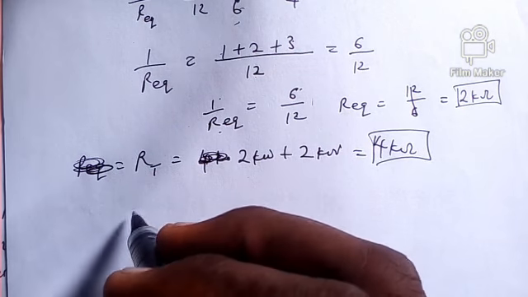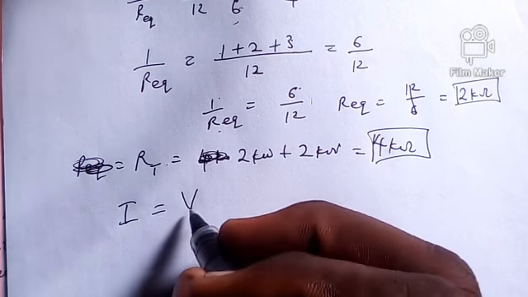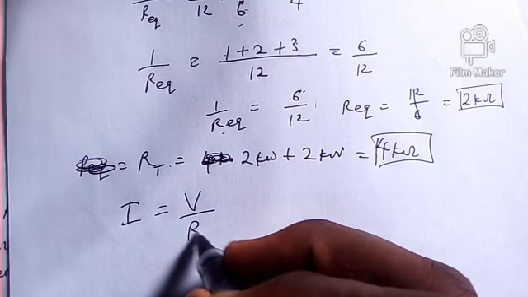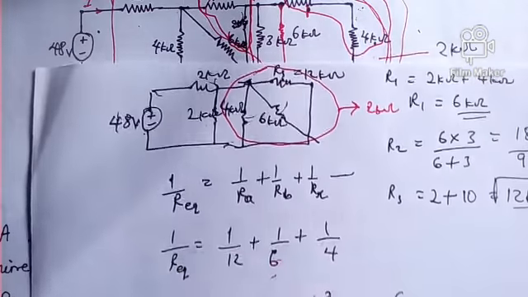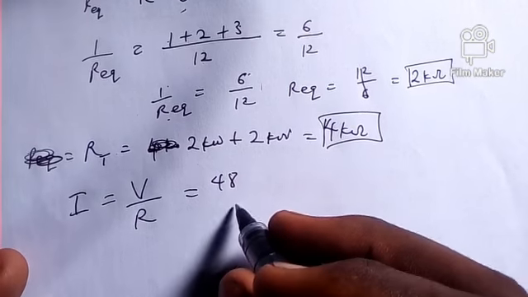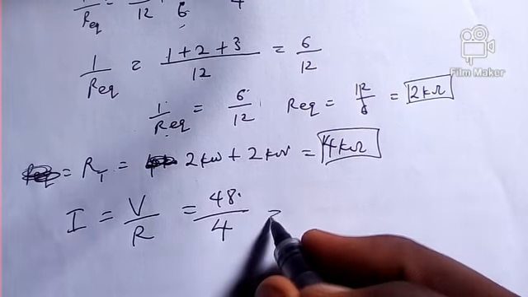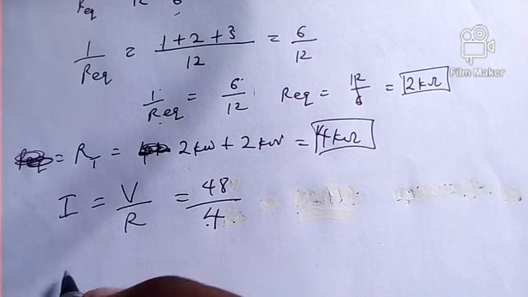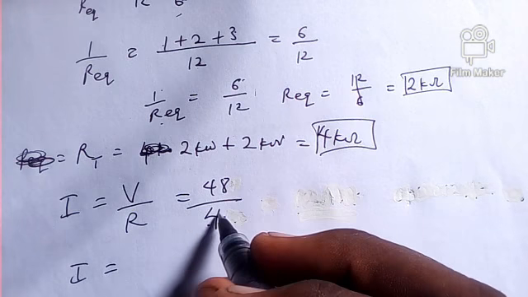We can say that the current flowing in the circuit is equal to the voltage over the resistance. So when we implement that, we have the voltage, which is 48 volts, all over the equivalent resistance, which is 4. When we punch that out on a calculator, the current is equal to 48 over 4.